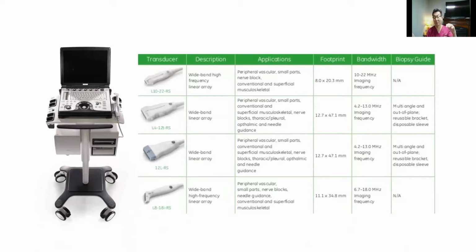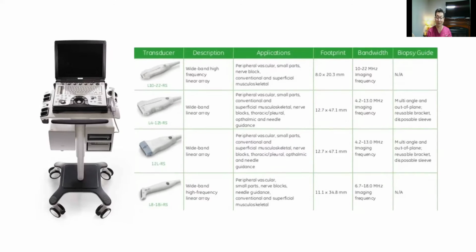You can see that there are multiple transducers, and the transducers have multiple bandwidths from 10 to 22 megahertz. For us, we use the first transducer and the last transducer, the hockey stick, which gives us imaging around 18 megahertz. Usually, controlling the depth is enough to find relatively deep lymphatics.